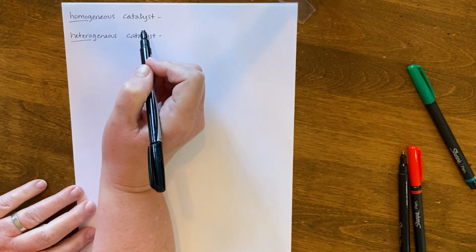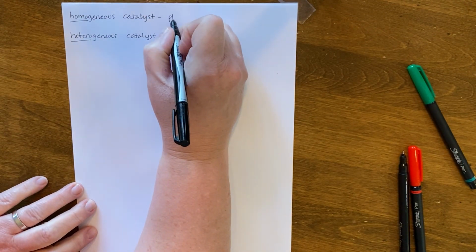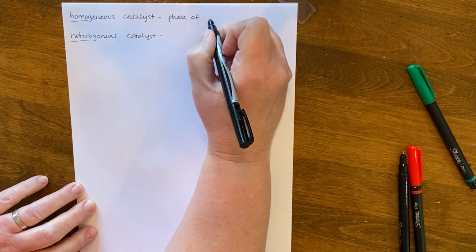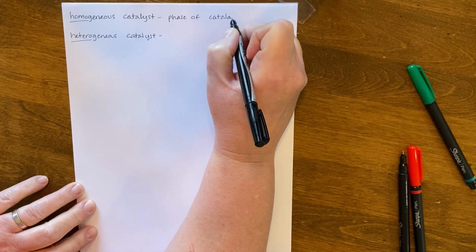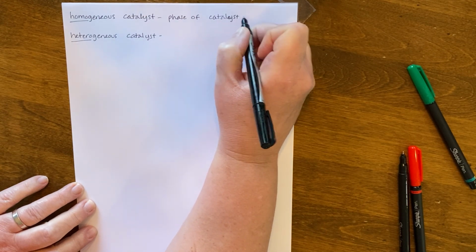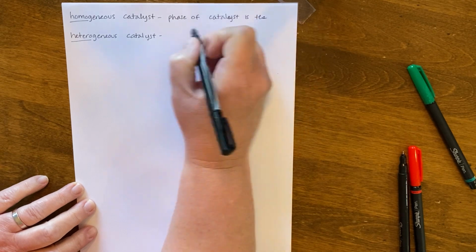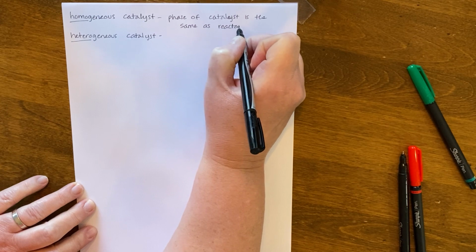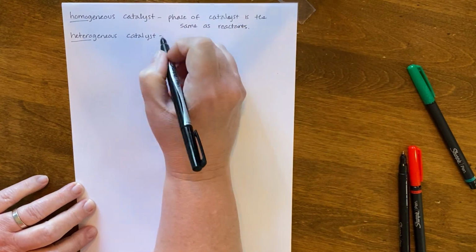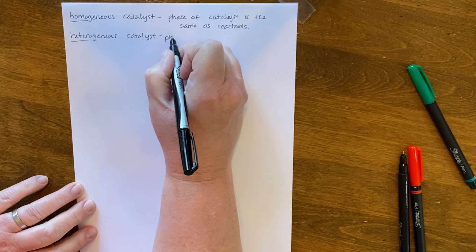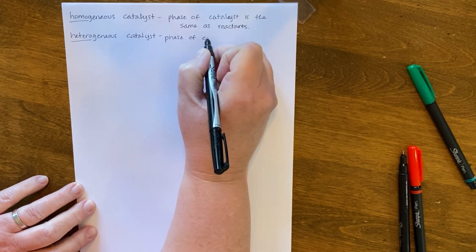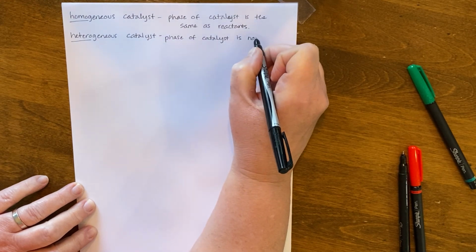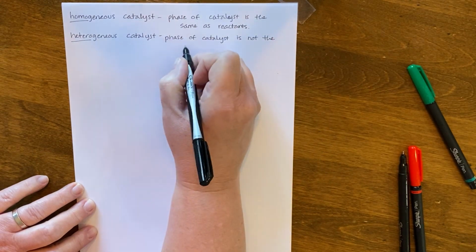So a homogeneous catalyst is where the phase of the catalyst is the same as the reactants. And down here, a heterogeneous catalyst is where the phase of the catalyst is not the same as the reactants.